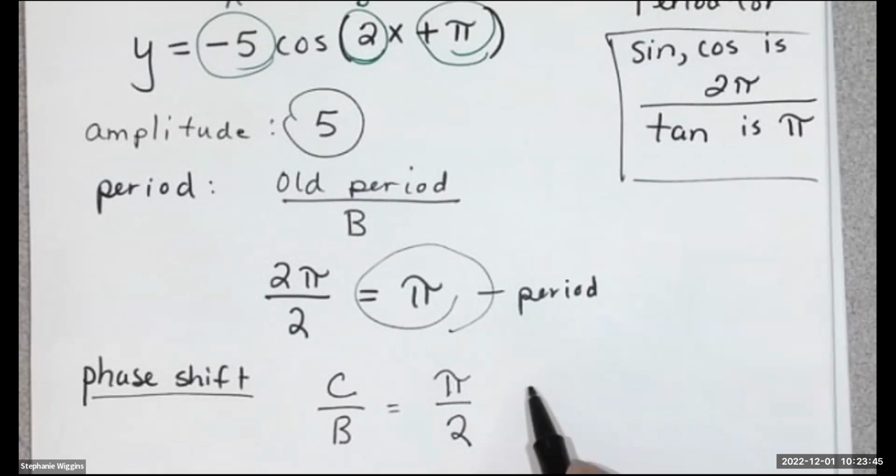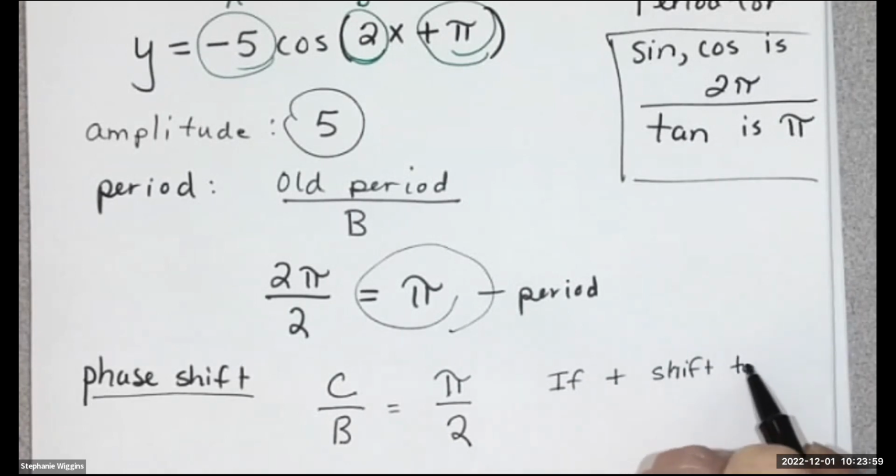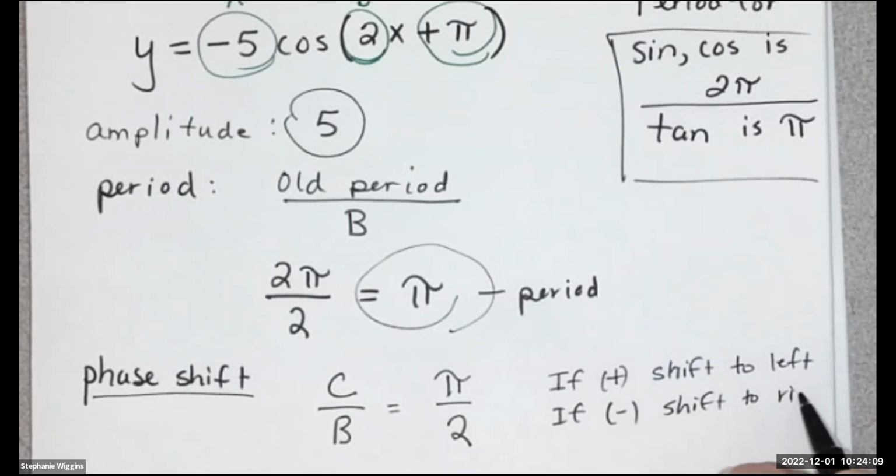But because pi is positive, if this is positive, you shift to the right. I'm sorry, to the left. And if negative, you shift to the right.